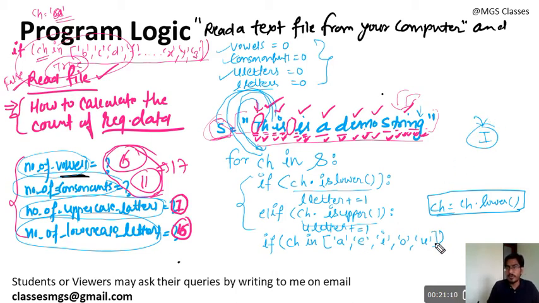Either you can include these capital letters of a, e, i, o, u also in the list, or you can convert this character into lower case before writing this condition. Then we ensure that the character will always come in lower case, and we are checking whether it is in the small a, e, i, o, u or not.